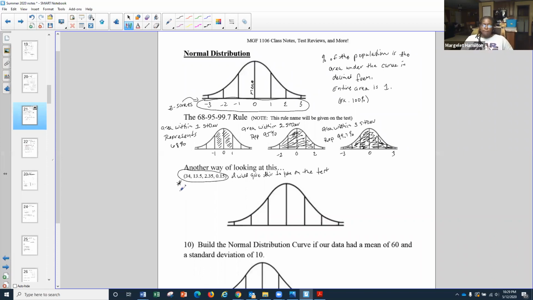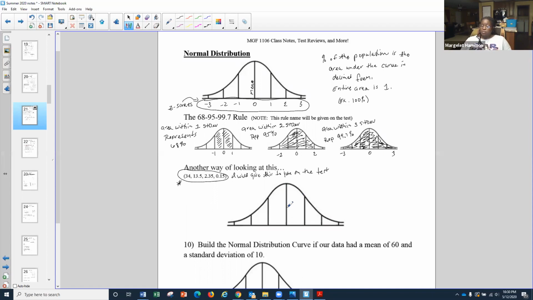Here's what's happening. If this is 68% of our population, which is 1 standard deviation of our mean, and this is symmetrical amongst this line, then it is reasonable to know that half of 68 is 34%.